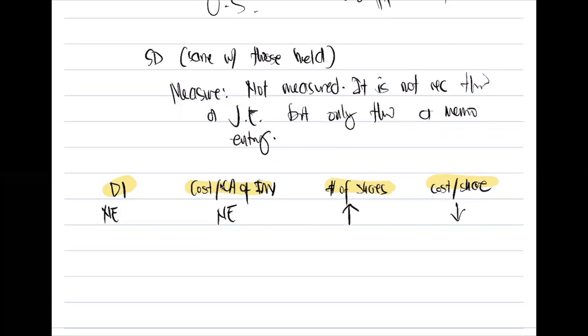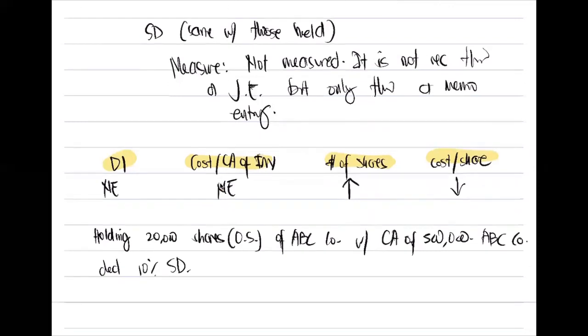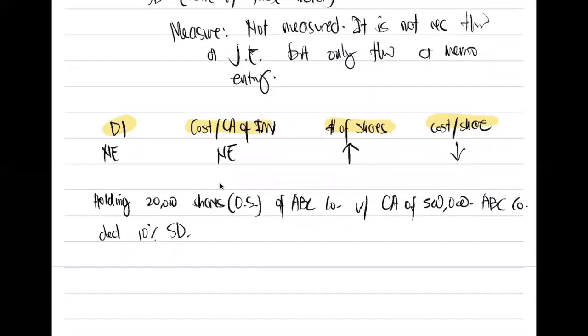Let's say, for example, you are holding 20,000 ordinary shares of ABC company with a carrying amount of 500,000 pesos. ABC company declared a 10% stock dividend. Here, let's assume that the stock dividend is the same with what we hold.